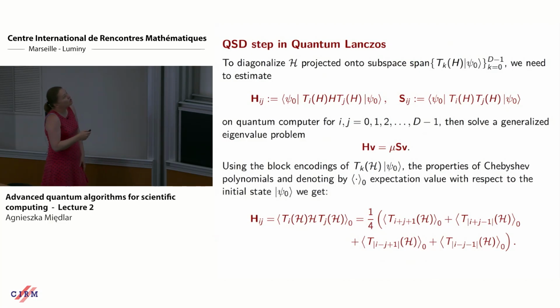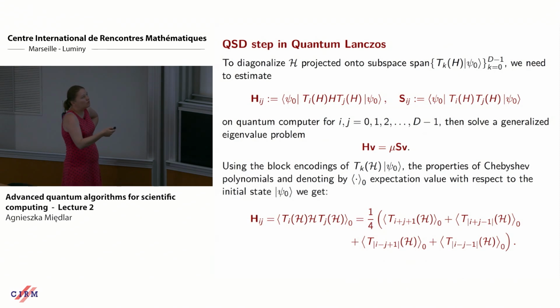If I look now at the entries of these two small matrices, and that hopefully answers the question of whether we have to have the states available: you will realize that we only have the initial state, and we only have to be able to apply the Chebyshev polynomial to it to get the entries of the matrix.